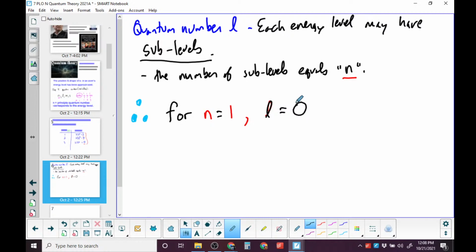Also, we have given them nicknames. Suborbital, s. So s is the nickname for l equals 0.